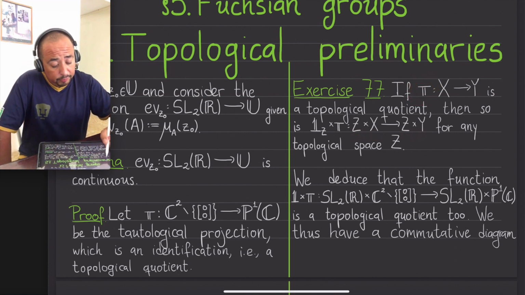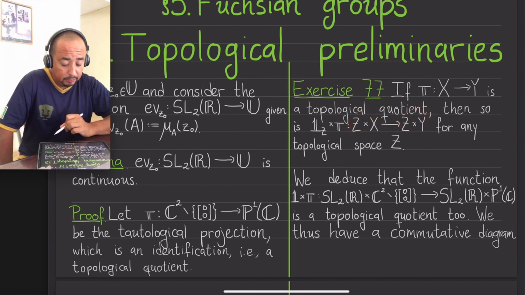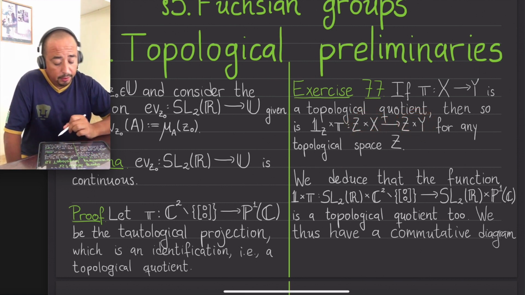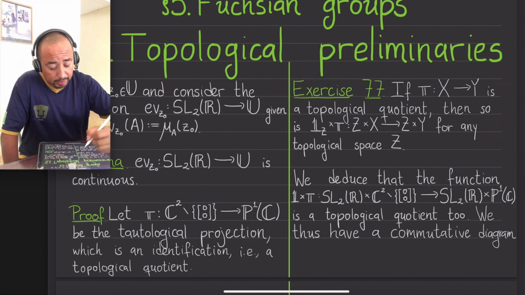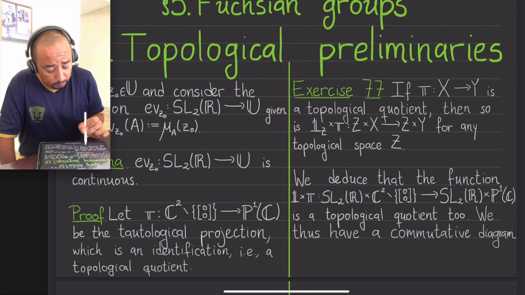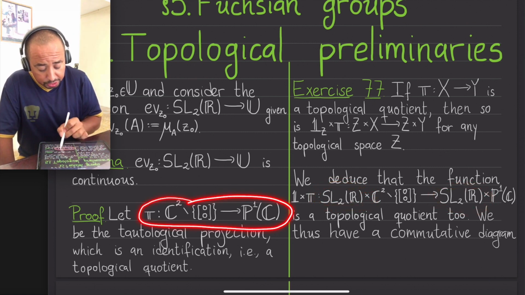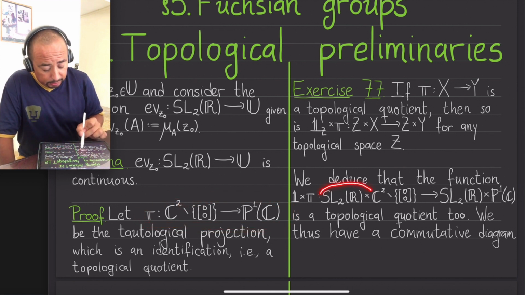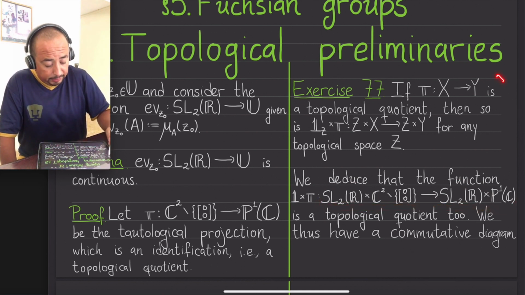So if you start with a topological quotient, then by adding an extra factor you obtain another topological quotient. Using this exercise, we deduce that if we take the product with SL2R, we obtain a topological quotient.